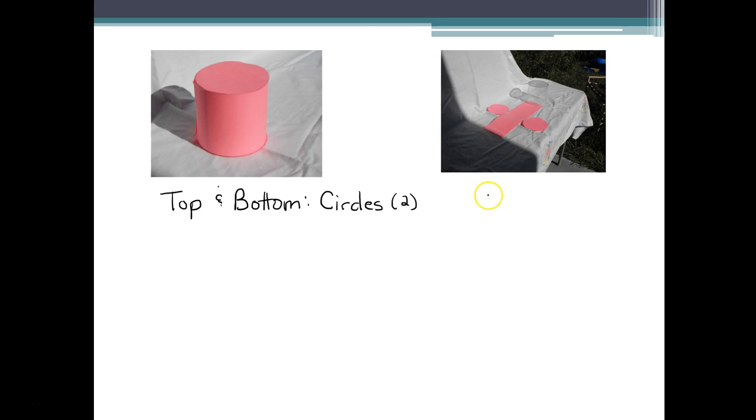So the areas for those, you're going to need 2 times pi r squared. But for the soup label part, I don't have a technical name for it, it ends up being a rectangle when you unfold it.